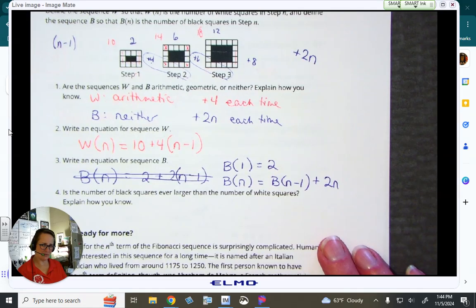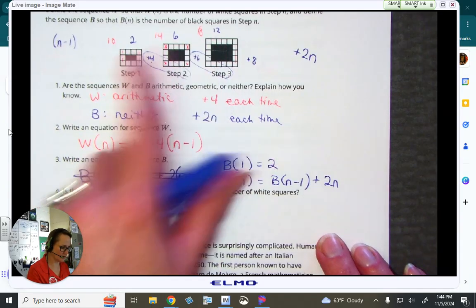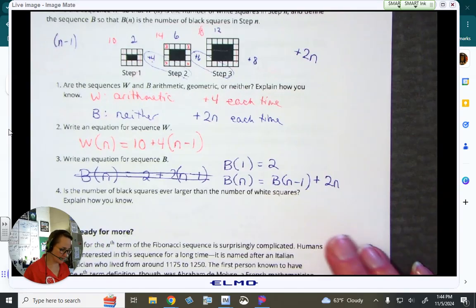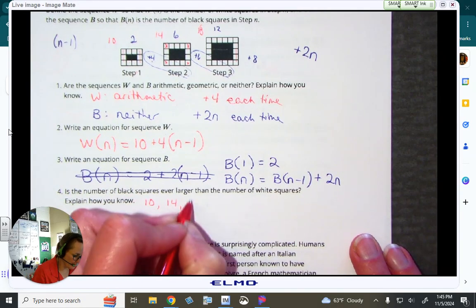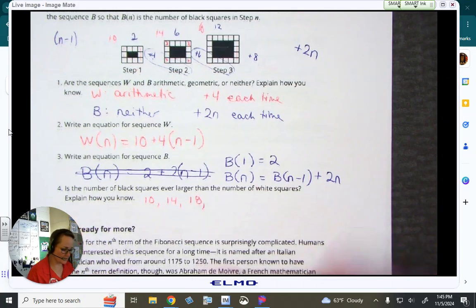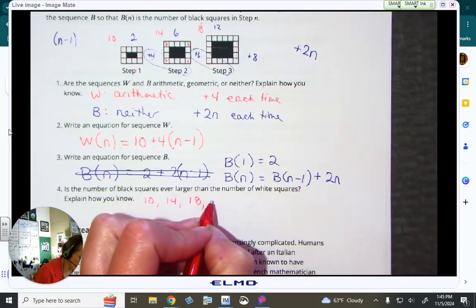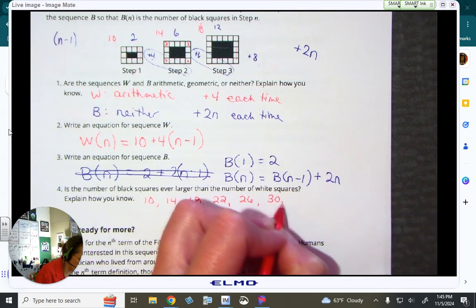I don't know if the number of black squares will ever get more than the number of white squares. Here, I mean, they're closer. They're getting closer every time. Let's keep the pattern going and let's keep on seeing, because maybe that's a way to prove it. Each of these times for the white squares, it just adds 4. So I'm just going to add a couple more of these, 22, 26, 30, 34.